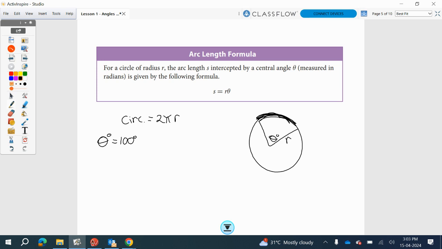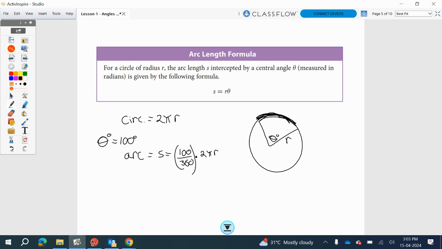So the circumference of a sector, so the arc length S, is going to be 100 over 360 degrees multiplied by 2 pi r, because it's a percentage. 100 over 360, a fraction of a whole rotation.